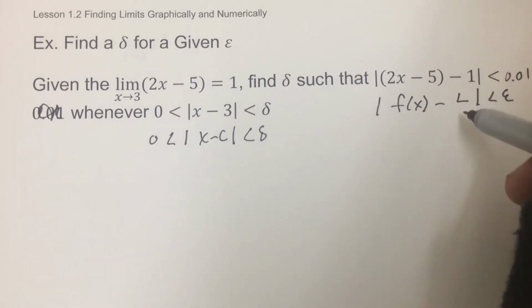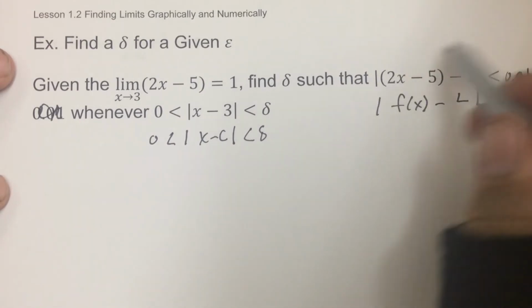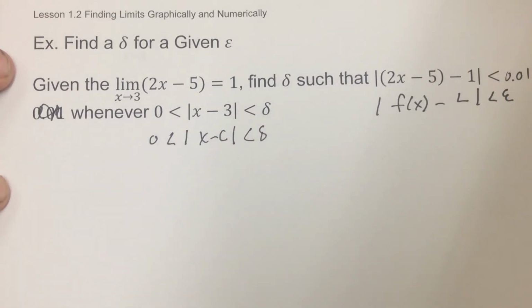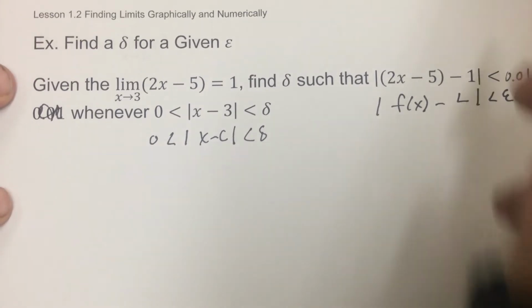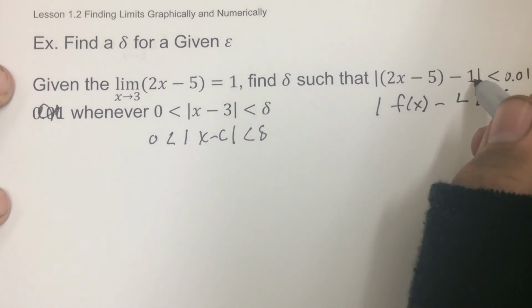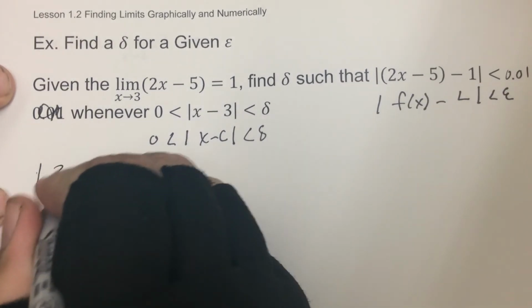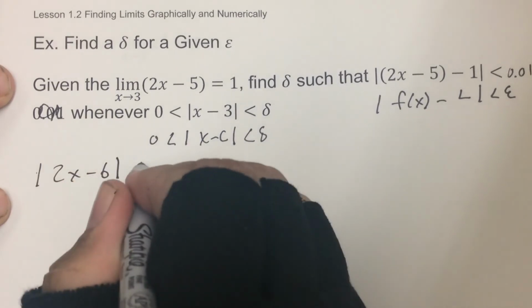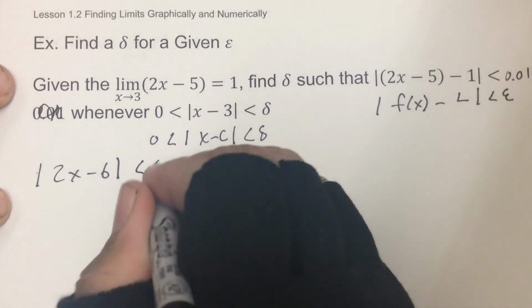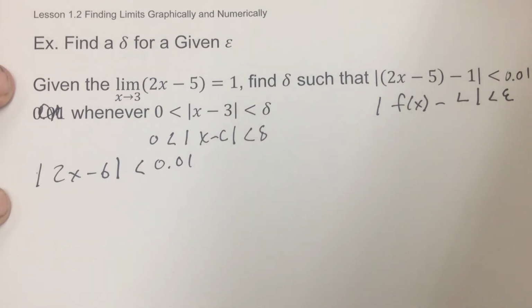Now, we're going to solve this side out so that it matches here, and that'll tell us what our epsilon and delta need to be. So if we start off with this one here, we can put like terms together and have the absolute value of 2x minus 6, which is less than our epsilon of 0.01. Yeah, our epsilon, sorry.